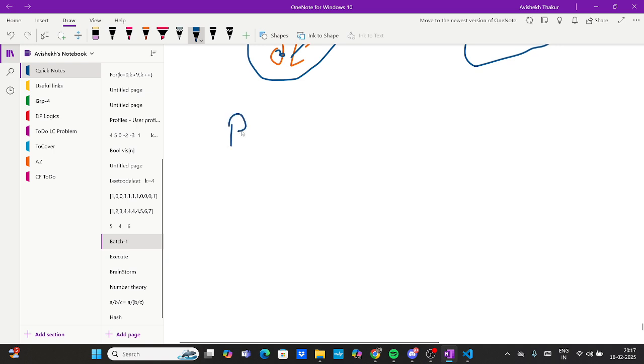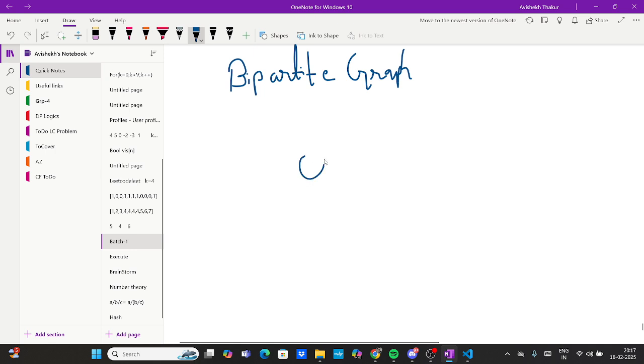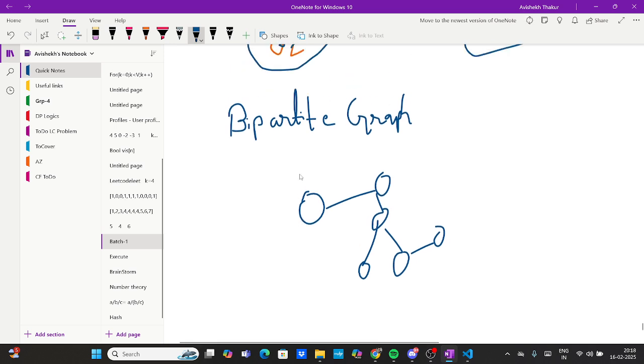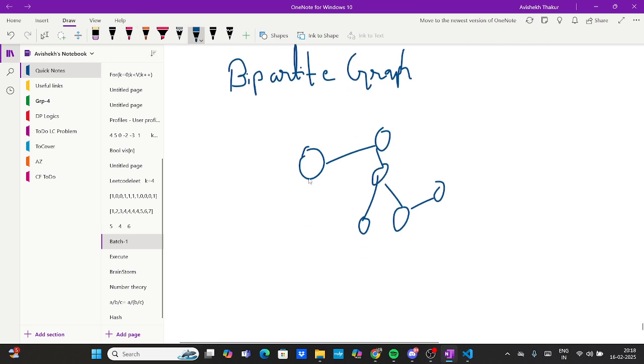Next we have something called a bipartite graph. Say you have a graph something like this. What you have to do is pick two colors, and color the nodes in such a way that adjacent nodes should not have the same color.